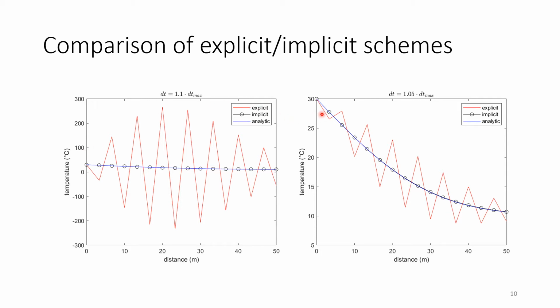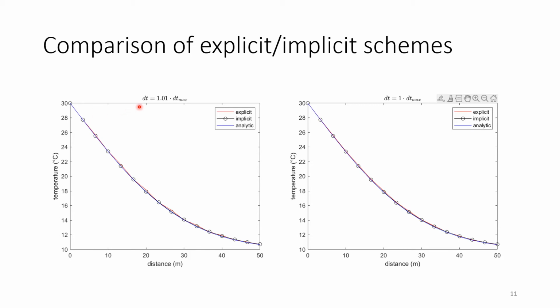So now this explicit solution is still very oscillating, but at least the value range is a bit more reasonable. And now if I decrease the time step further, to 1.01 times the maximum time step, this one looks way more reasonable. And if I use the stability criteria, I'm seeing this one.